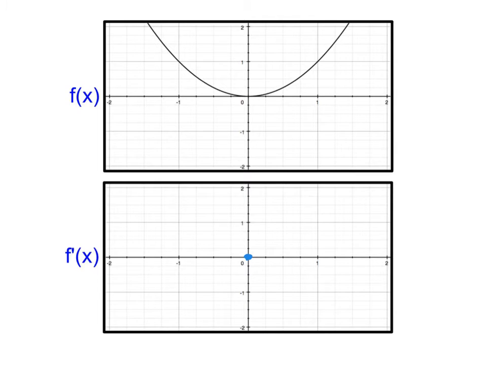All right, now a little bit of generalization. What about what's happening to the left of that 0? Is our slope going to be positive or negative? Negative. And so that tells me that as I go to the left of that first point of my derivative, it's going to be heading down and to the left, but I don't know exactly how yet.